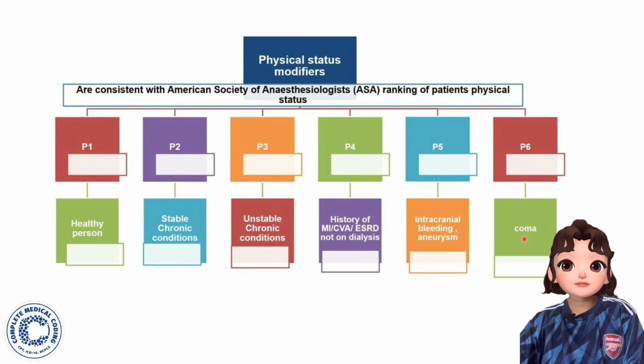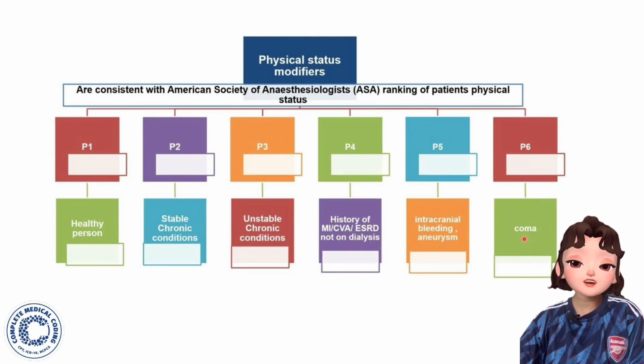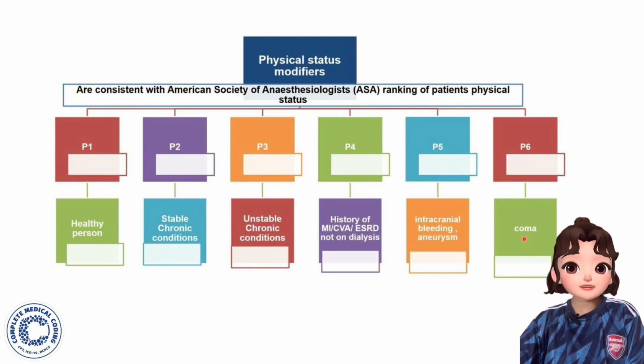P1 represents a healthy person. If, in a question where we have to code for anesthesia, they have written that the patient is a healthy person, you have to mark it with modifier P1.